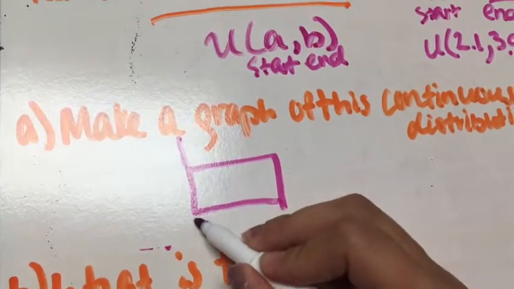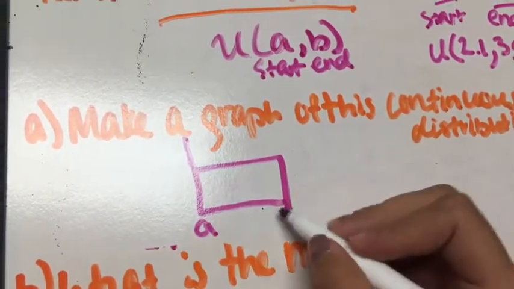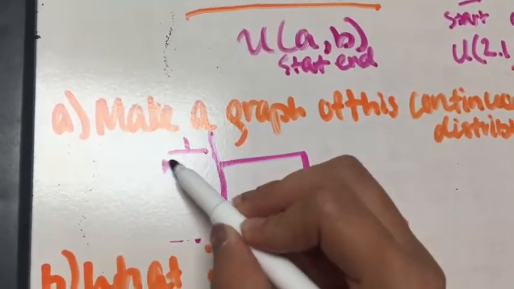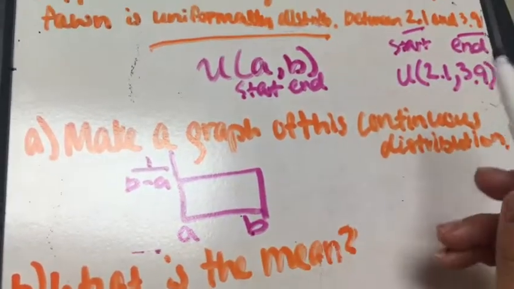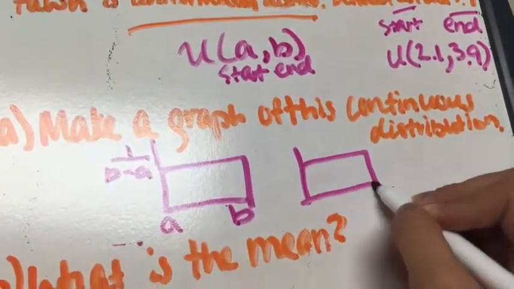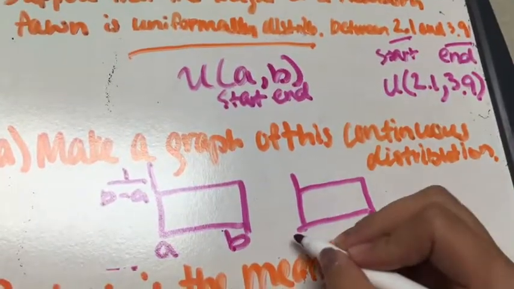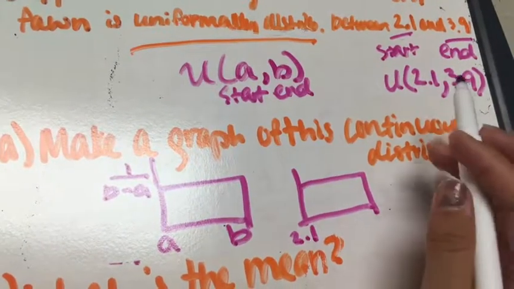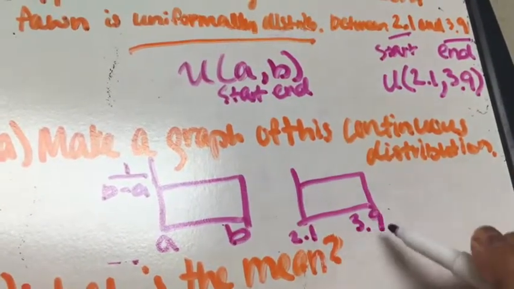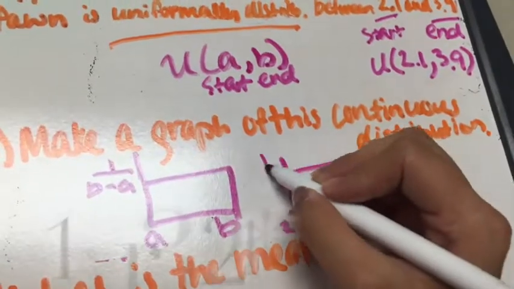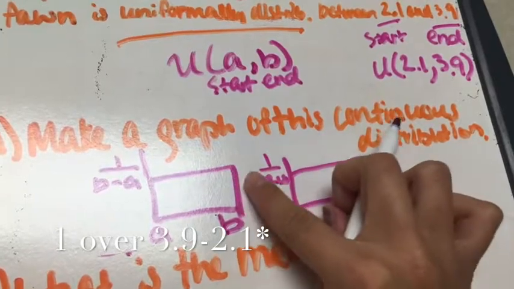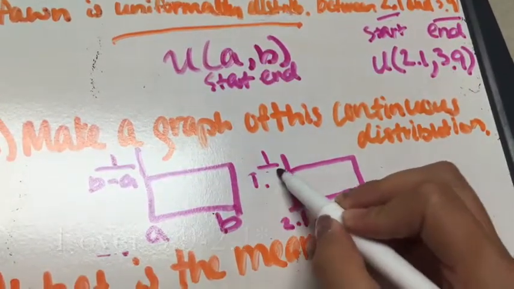There's A, where your distribution begins, B, where it ends, and the height, which is 1 over B minus A. 2.1 goes right here, and 3.9 is where it ends, so that goes here. Your height is 1 over 3.9 minus 2.1, and that is 1 over 1.8.